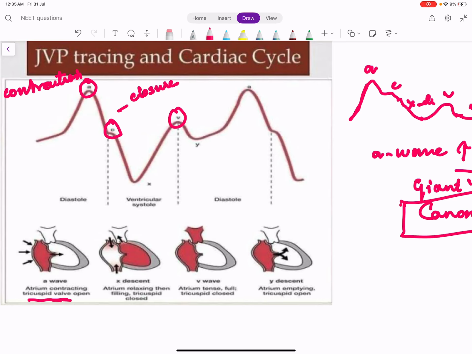So after this, what happens? After isovolumetric contraction, blood from the ventricle empties into the aorta. So ventricular pressure decreases. So now the tricuspid valve comes down. So because of the descent of the tricuspid valve, we get X descent.